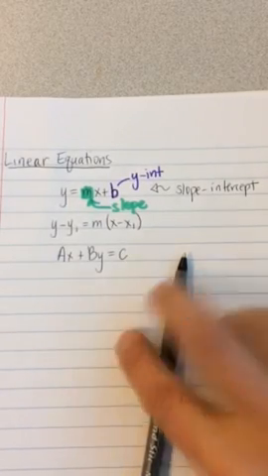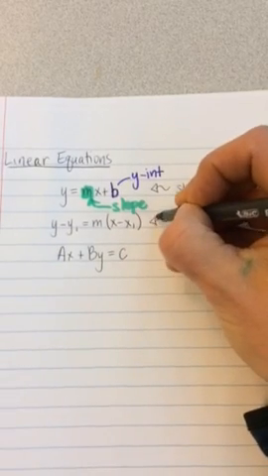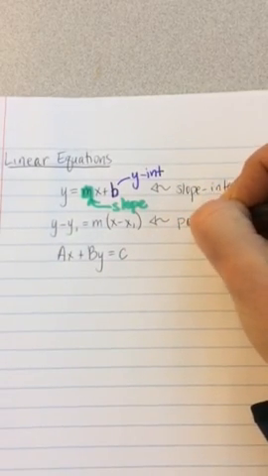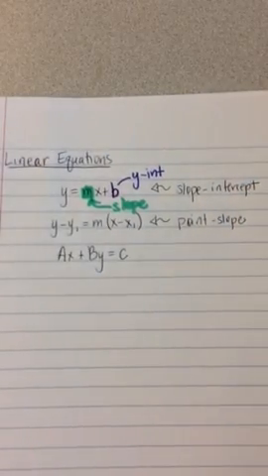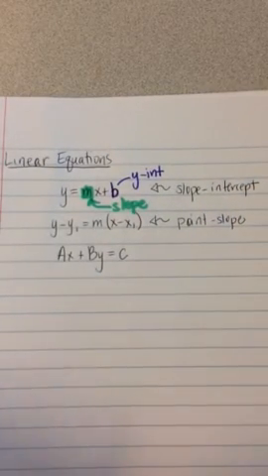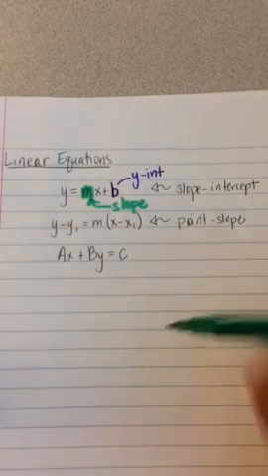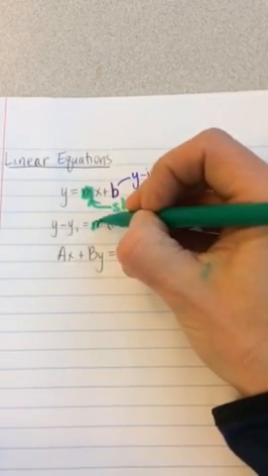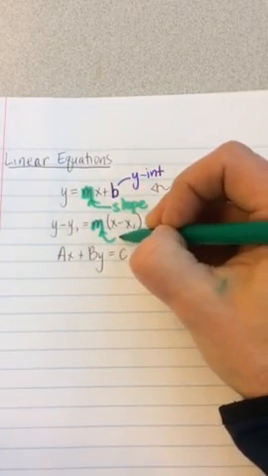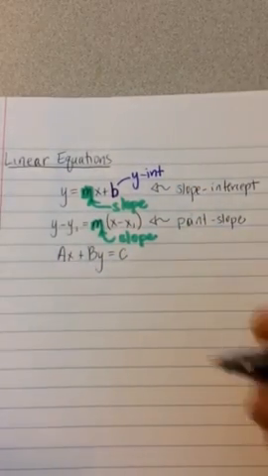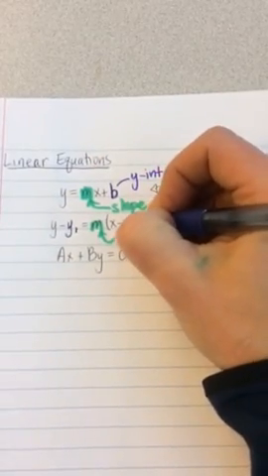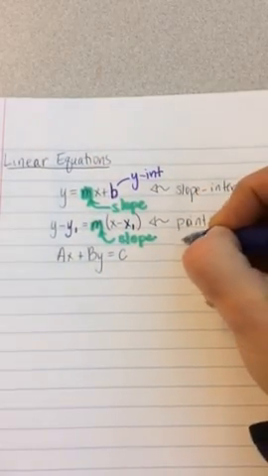This is point-slope form. And again, the m is the slope. And the y1, x1 is a point.